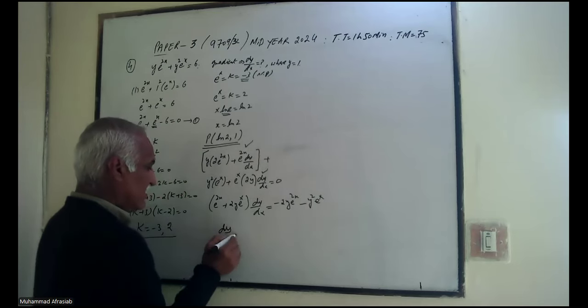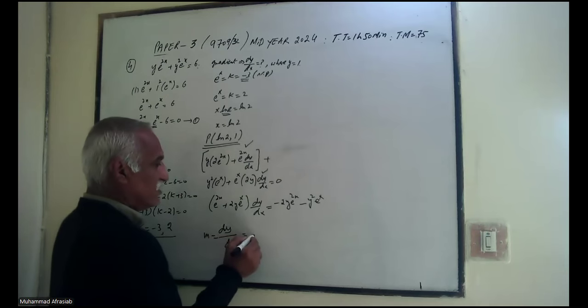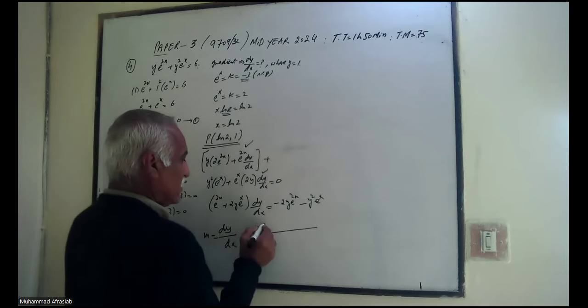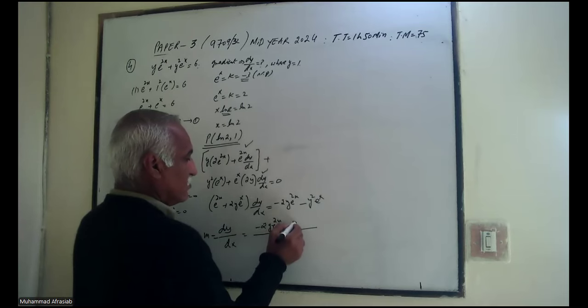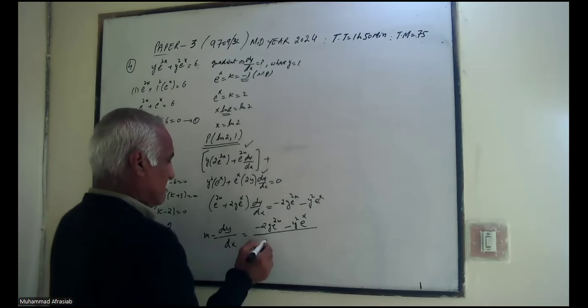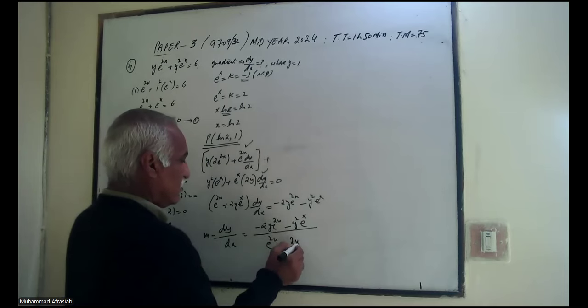Then dy by dx, which is the value of the gradient, will be equal to (minus 2y e^(2x) minus y squared e^x) over (e^(2x) plus 2y e^x).